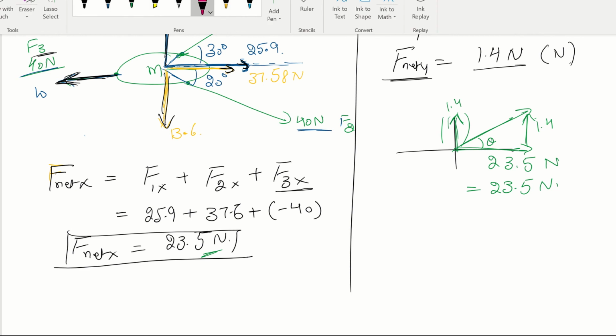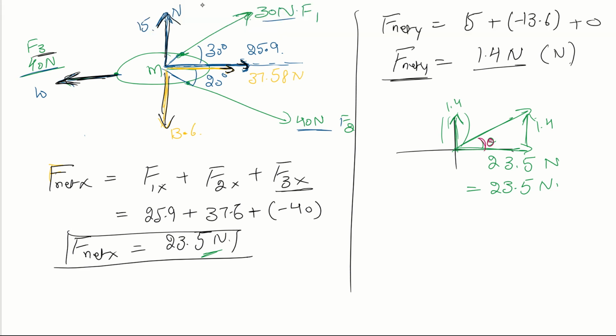This angle is theta, where tangent theta is equal to 1.4 divided by 23.5. Theta is equal to tangent inverse of 1.4 divided by 23.5. On the calculator, 1.4 divided by 23.5, second function, tangent inverse, answer, that's going to be 3.4 degrees.